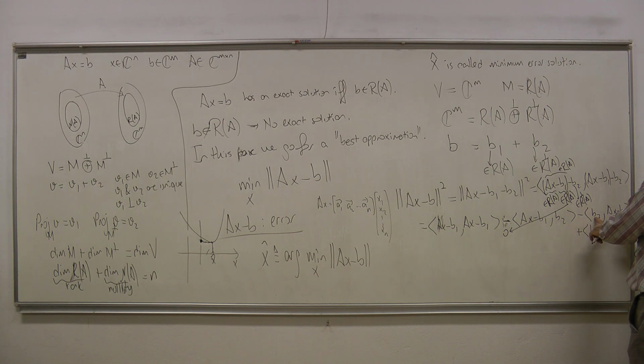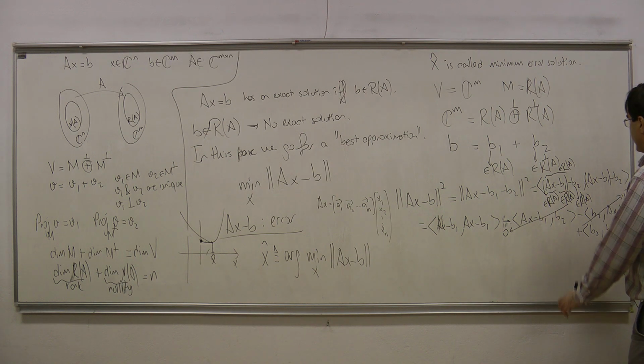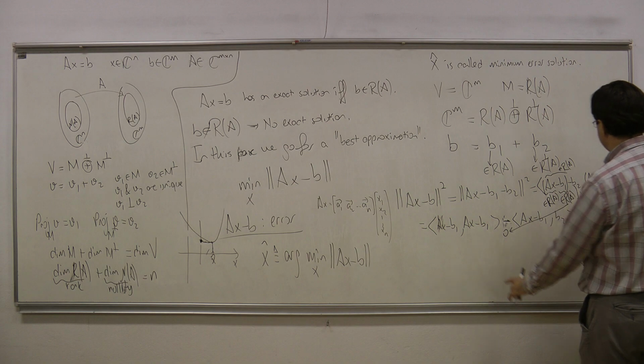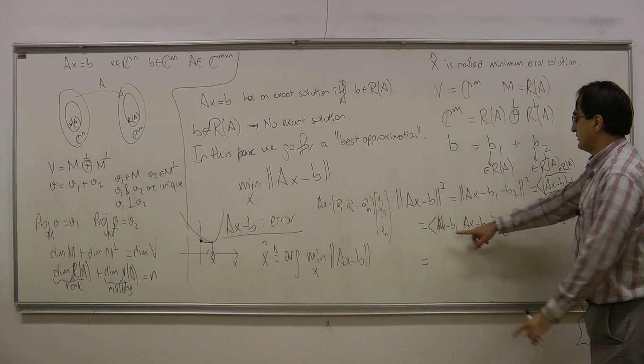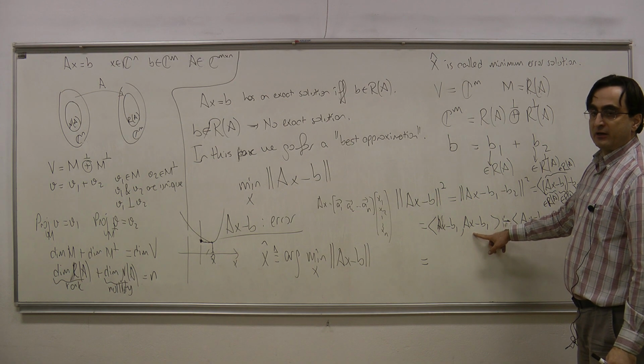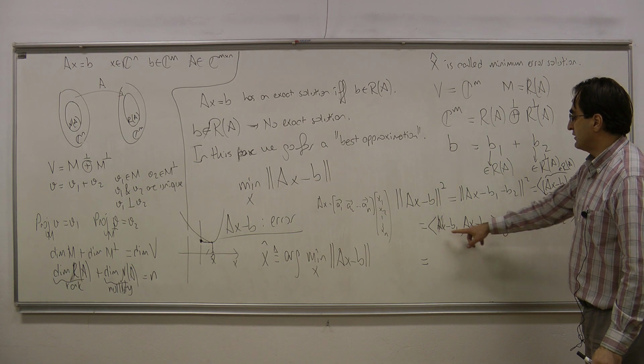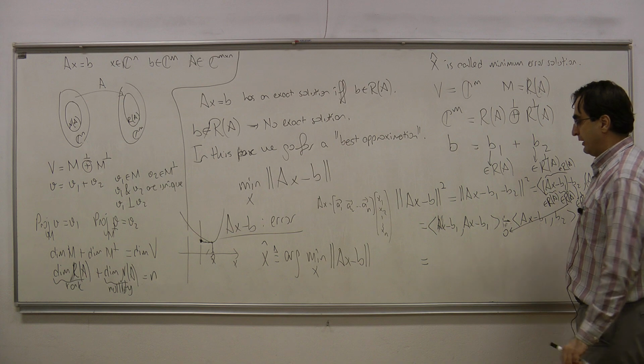B2 is in range space of A orthogonal complement, and AX minus B1 is in range space of A. That means that these two vectors should be orthogonal to each other. Okay? Which means that this cross inner product is also equal to 0. So we end up with only the first and the fourth terms here. Okay? And what about this? AX minus B1 with AX minus B1. I know that this is AX minus B1 norm square. Okay?